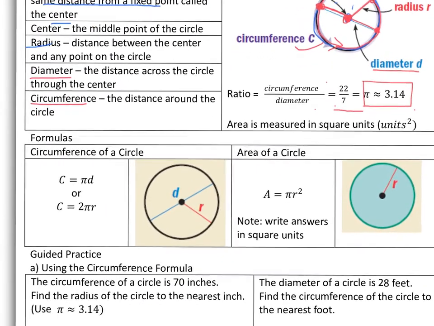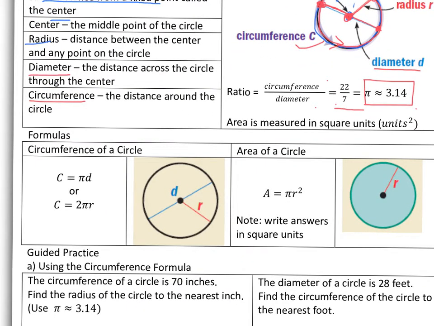The formulas you will need to know for this lesson will be the circumference of a circle and the area of a circle. The circumference of a circle is merely equal to pi d. Pi times the diameter, d.